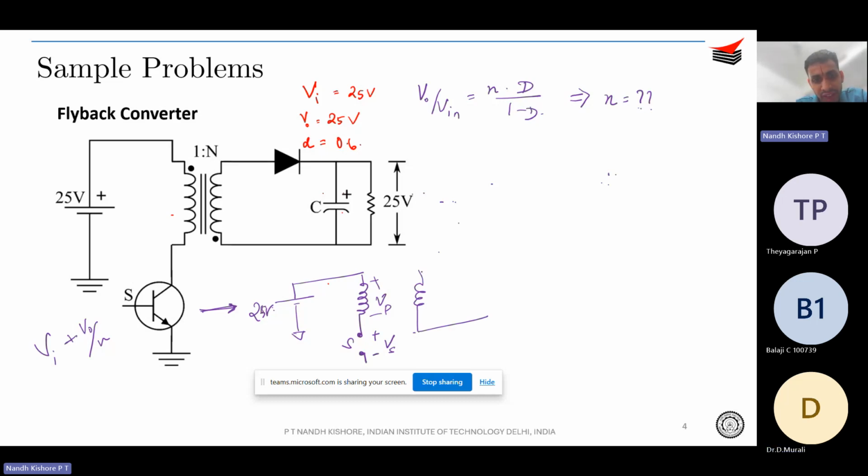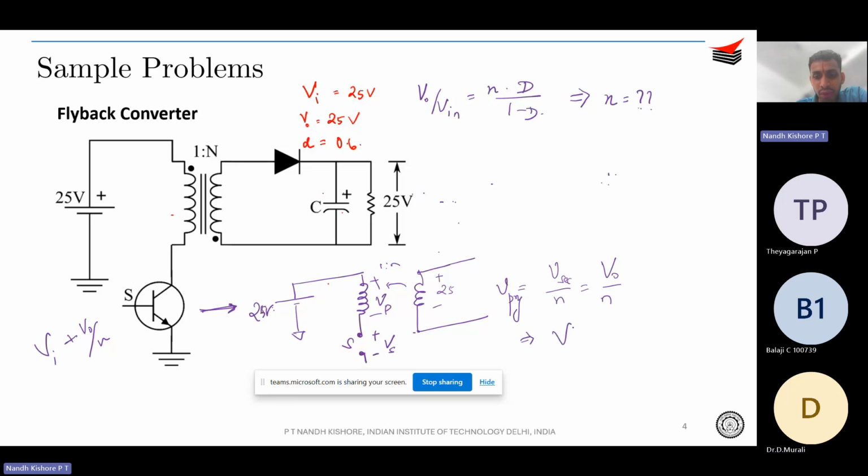So during the 1 minus D period, this diode is forward biased. Therefore, what you get is a voltage of 25 volts, or V naught, at the secondary winding terminals. This is then transferred to the primary side, and therefore VP would be something like Vs over N, that is V naught over N, correct? Let me write this as V secondary, this is V primary. So V primary will be V secondary over N, or V naught over N.